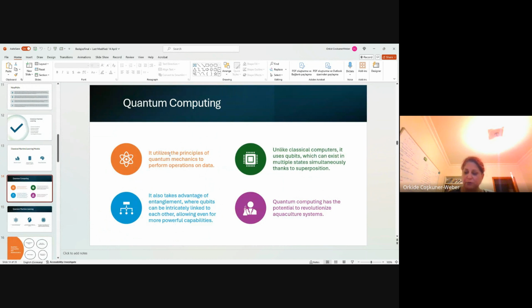Unlike classical computers, it uses qubits, which can exist in multiple states simultaneously thanks to superposition. It also takes advantage of entanglement, where qubits can be intricately linked to each other, allowing even for more powerful capabilities. Quantum computing has the potential to revolutionize aquaculture system studies.